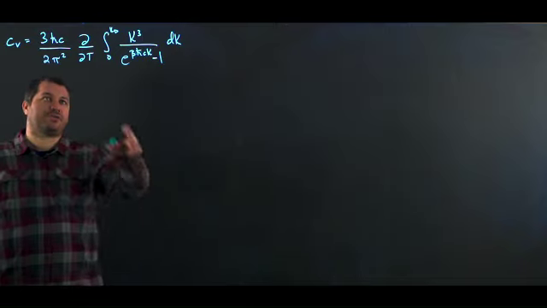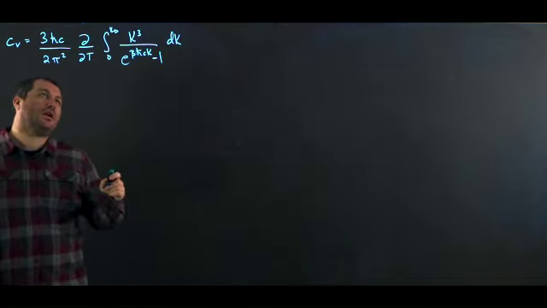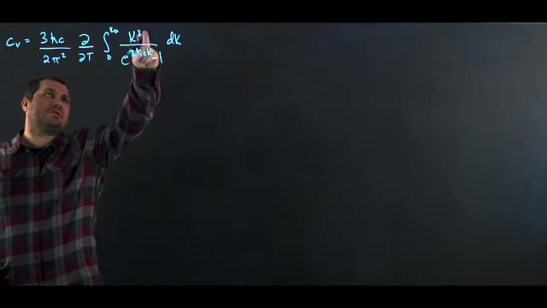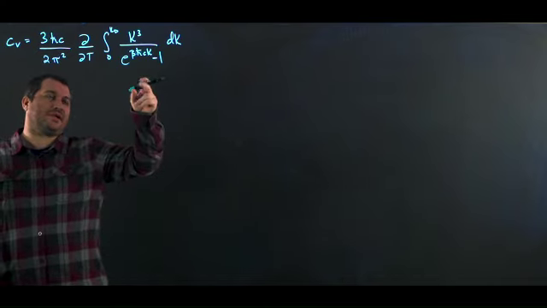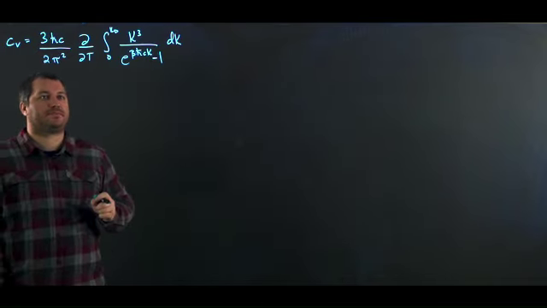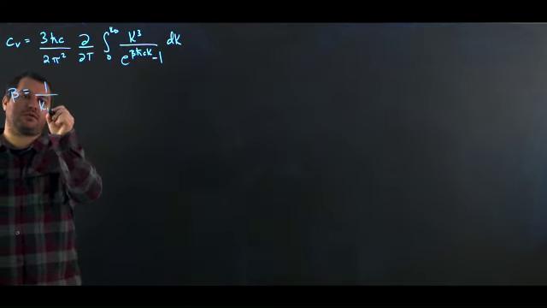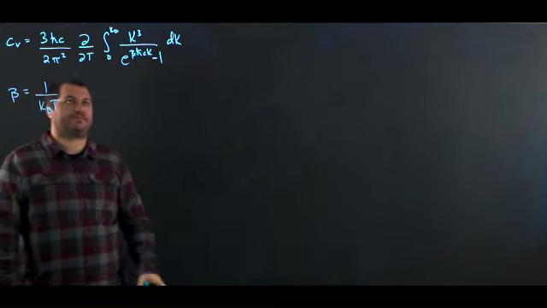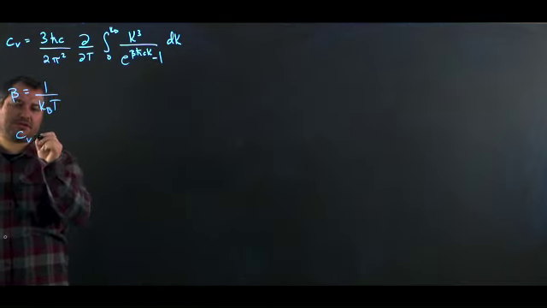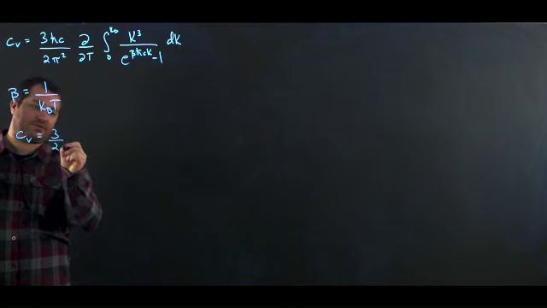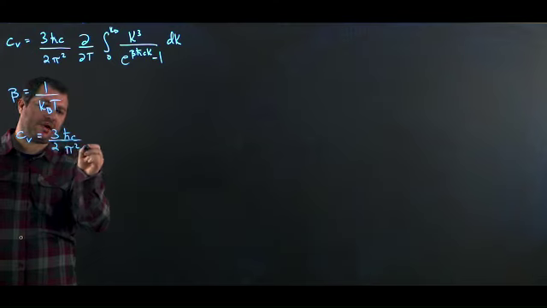Okay, so we're now going to try to push this derivative inside the integral and take the integral. Now we should notice that k cubed here doesn't have anything to do with t. The only term that has anything to do with t is that beta right in there. Now if we remember that beta is equal to 1 over kBt. So what we're going to do here is we're going to say, okay, well, CV is equal to 3 over 2 h bar c of pi squared down here.